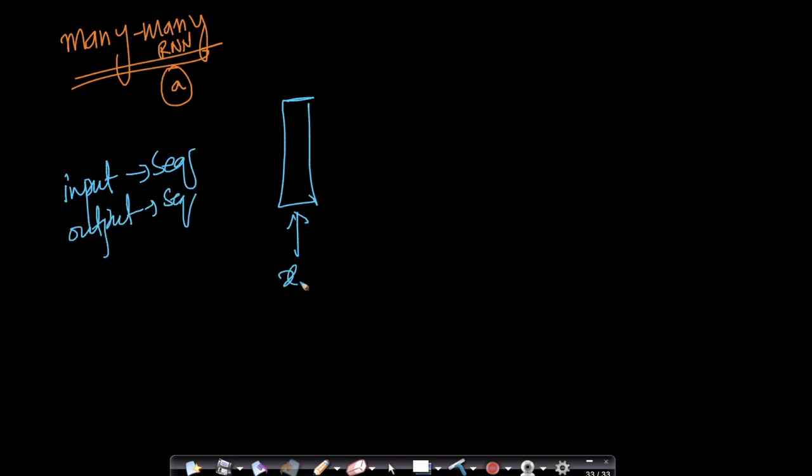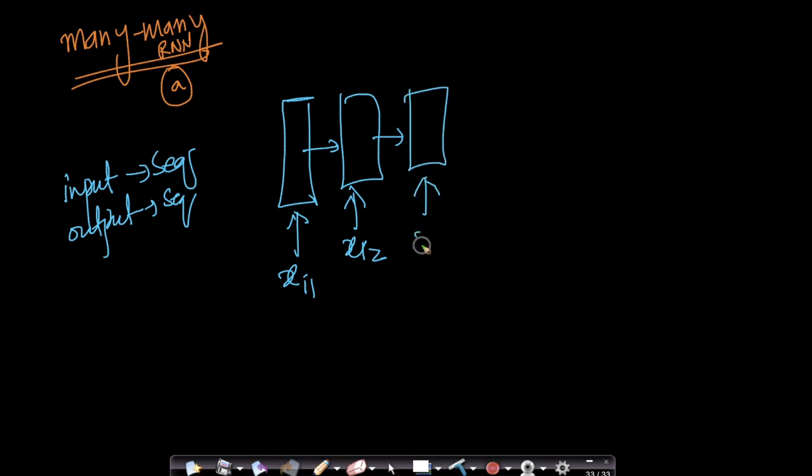So your input here can be xi1, xi2, xi3, and so on and so forth, right? For every input correspondingly, you have your yi1 hat, yi2 hat, yi3 hat, and so on and so forth.